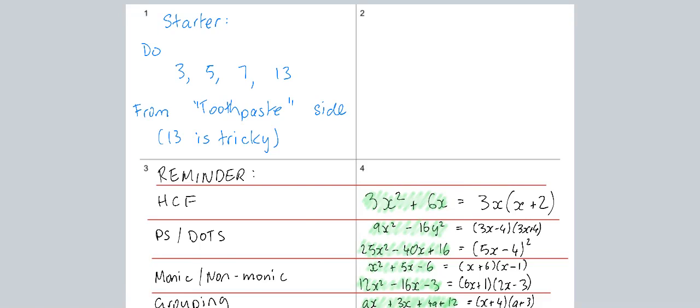Now, this is not a test, so I'd like you to work with one or two others if you can and figure it out together. You could do that by saying everyone do 10 in your group of 3, or you could actually just figure them out together really quickly because you've got a second pair of eyes looking at them. It's up to you. If you choose to work alone, that's fine, but working with someone else is probably going to be faster for you. Right, I'll pause the video.